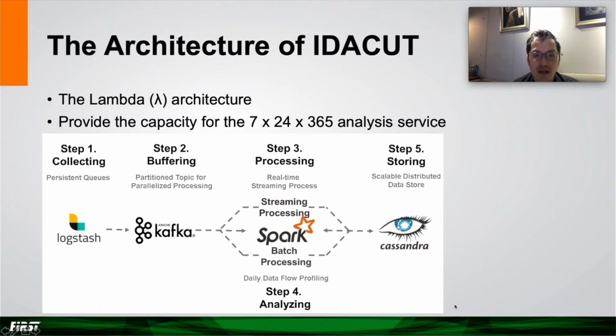All the pre-analysis requirements and data ingesting are done through Spark, which is an in-memory computing system. After that, all the ingested data is stored in Cassandra, which is a scalable distributed data store once used by the Facebook company.